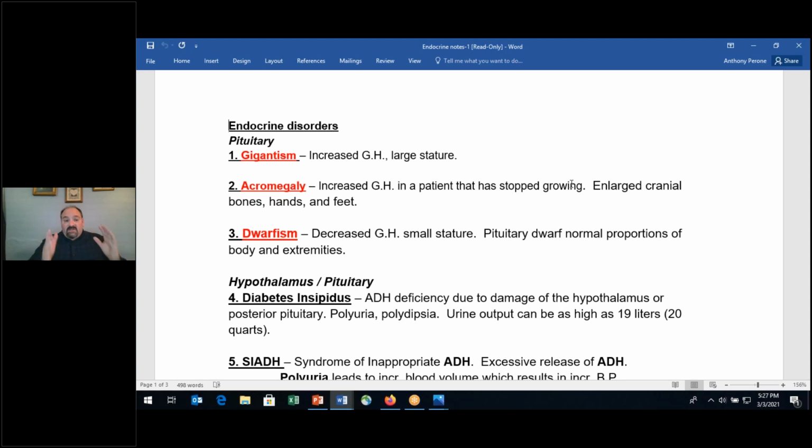With this endocrine system, the pathologies are a big part of what's going on as far as testing purposes, because if you know the pathologies, you then already have an understanding of what's taking place if there are normal levels of this hormone, and if we have too high or too low, what's the effect on the body as far as homeostasis is concerned. So it's really important to create these flashcards.